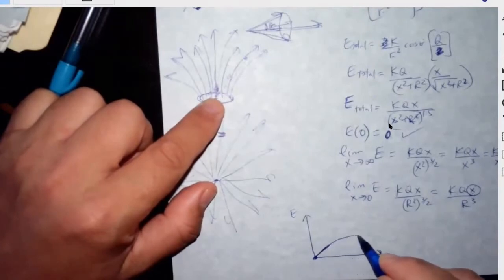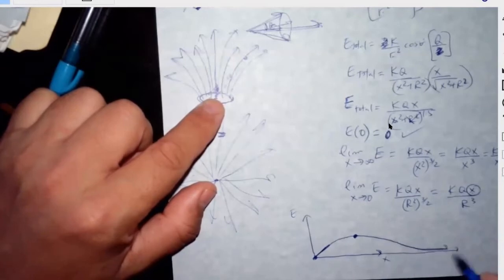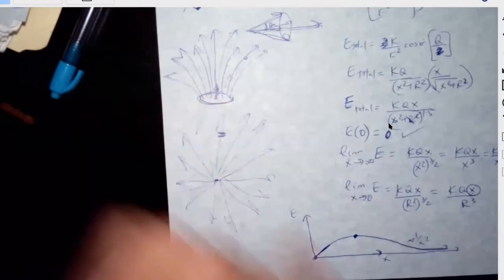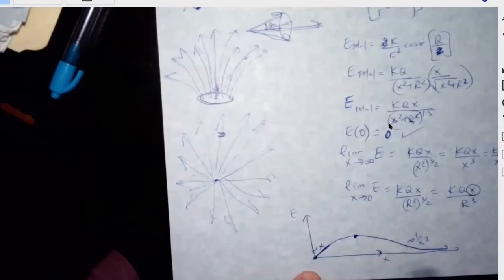Then it reaches a maximum, then it starts to decrease. And when you go to infinity, it has a 1/x squared behavior, you see? But near the ring, it's got a behavior proportional to x. You see? So what does that mean?